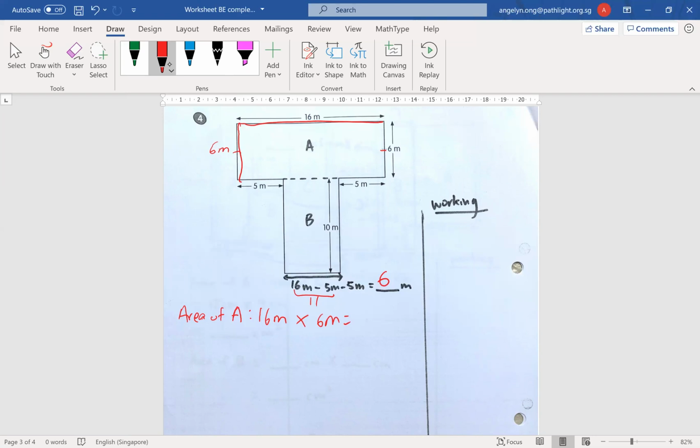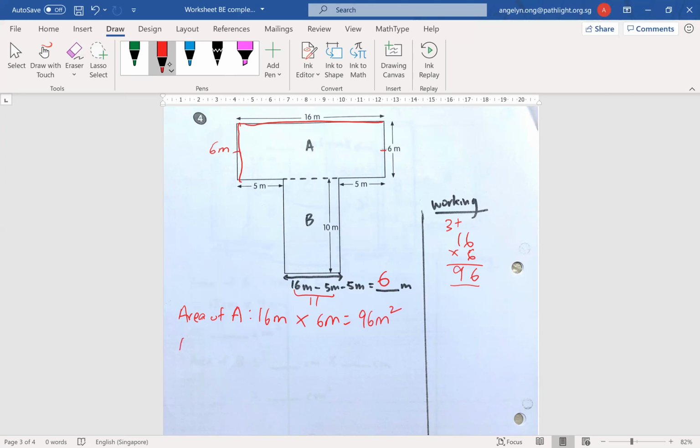So let's do working. 16 times 6. 6 times 6 is 36. And then 6 times 1 is 6, plus 3 is 9. So 16 times 6 is 96. 16 meters times 6 meters is 96 square meters.